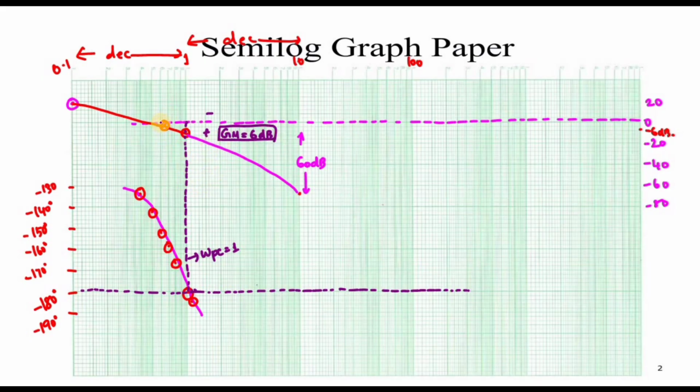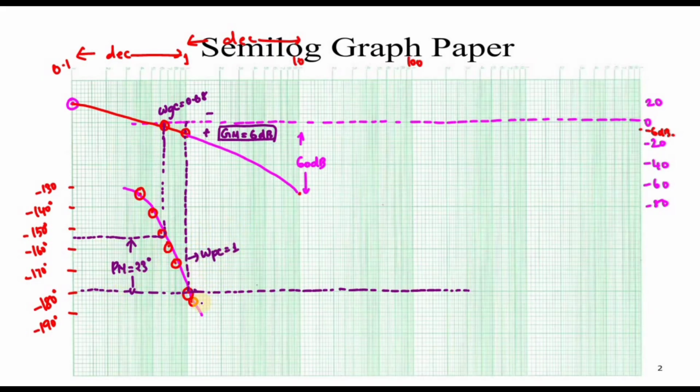Next, at 0.68, you have WGC. WGC is equal to 0.68. At that point, if you calculate the phase margin, the phase margin value is 20, 21, 22, 23 degrees.